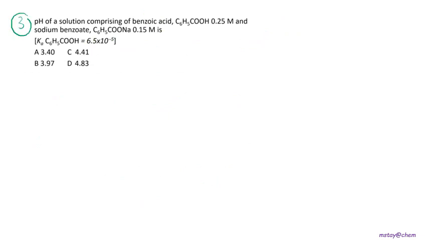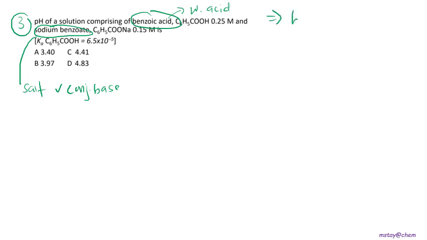The pH of a solution consists of benzoic acid and sodium benzoate. So it is a solution with 2 substances. The benzoic acid is a weak acid, while the sodium benzoate is the salt with the conjugate base. So these two substances can form a buffer solution.